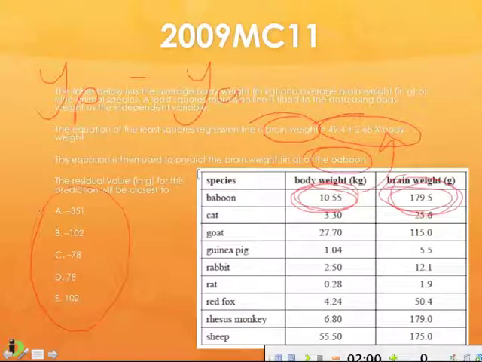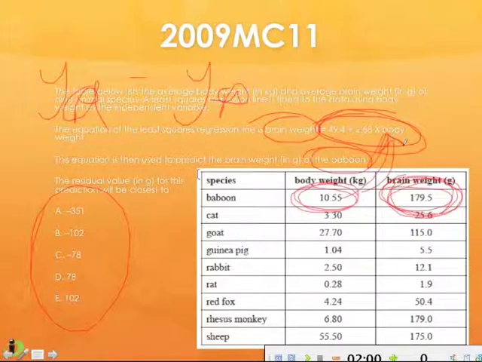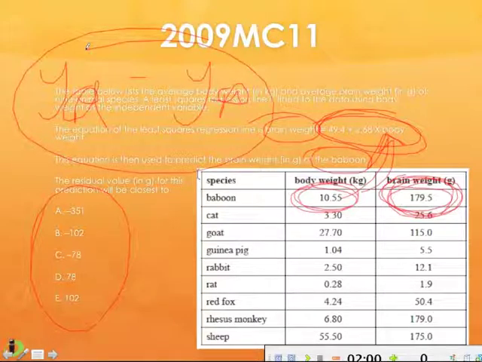Actually, it says actual y value minus predicted. I always get it wrong. So that's actual minus predicted. Sorry about that. So it's 179.5 minus the prediction you get by putting 10.55 into that equation. So in 30 seconds or so you should be able to get that right, but that relies on you knowing what a residual is.